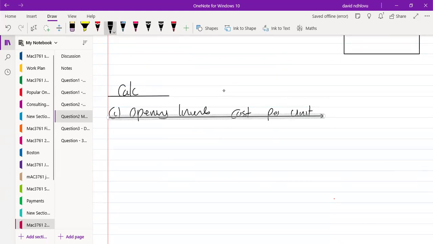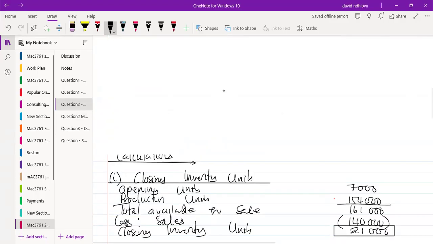This should include the fixed manufacturing costs or overhead. This should include the variable manufacturing overhead. Now, the variable manufacturing overhead is given in the question.